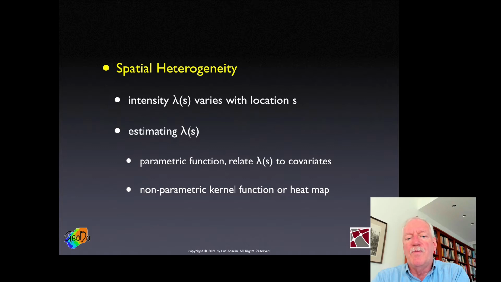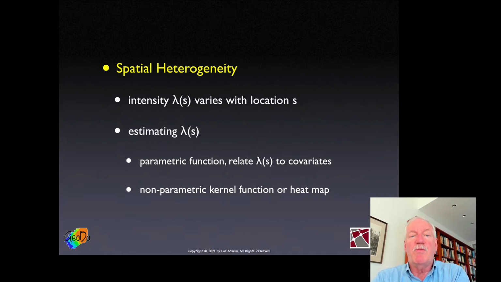And an easy example is what we call a trend surface, where the intensity lambda S is simply a function, linear or quadratic function, of the coordinates in space. So as you move further to the right and further up, the intensity increases, for example. That's a very simple parametric specification of a heterogeneous intensity.